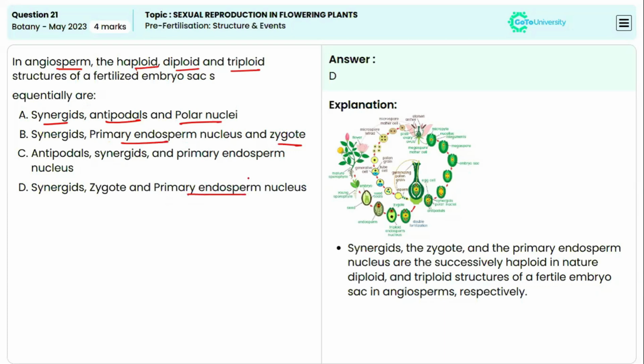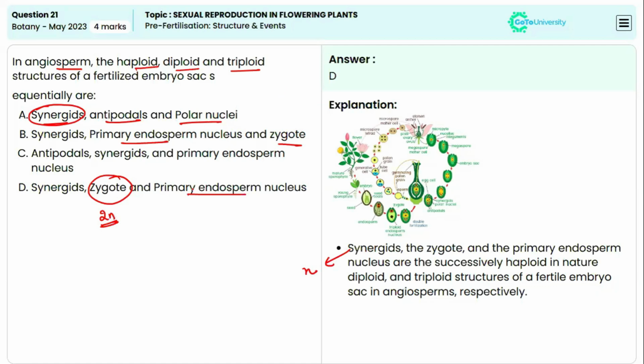From this, we could look into the synergids first. Synergids are haploid cells present at the micropylar end of the embryo sac. Now moving to the zygote, zygotes are diploid, that is 2N, which are the structures that undergo division to form an embryo.